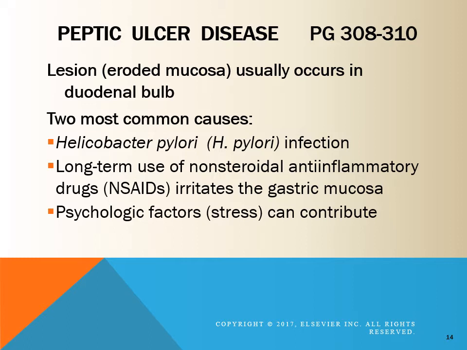So if patients have this infection, they are a carrier of the bacteria, and it commonly leads to peptic ulcer disease. Now, not all carriers of H. pylori are going to develop peptic ulcer disease, but it definitely goes hand in hand. Also, a common cause is NSAIDs, so long-term use of non-steroidal anti-inflammatory drugs. This irritates the gastric mucosa and can cause peptic ulcer disease.